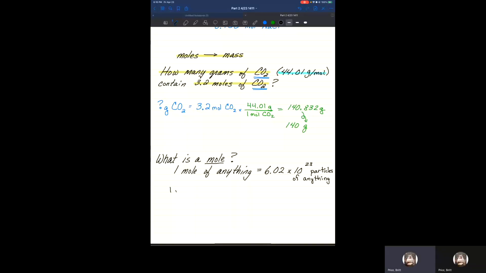So one mole of helium, well, that's the same as saying I have 6.02 times 10 to the 23rd power helium atoms.